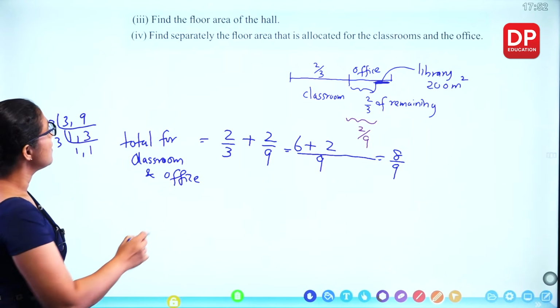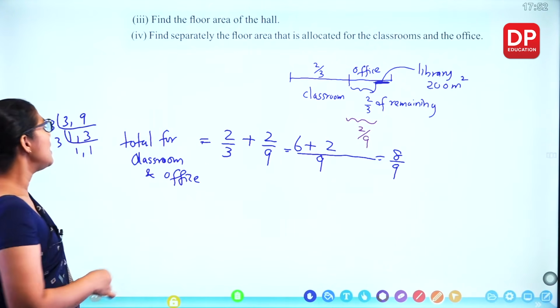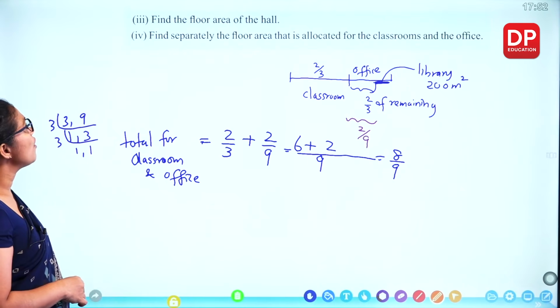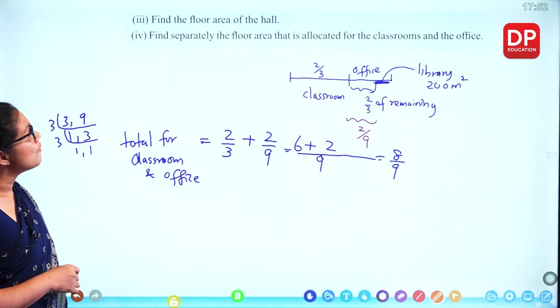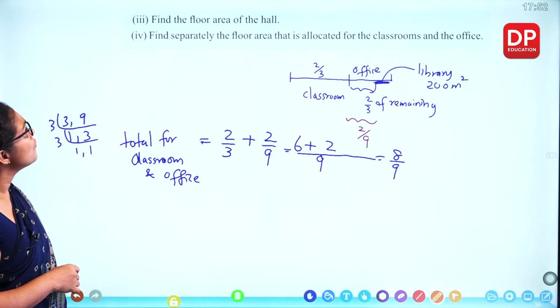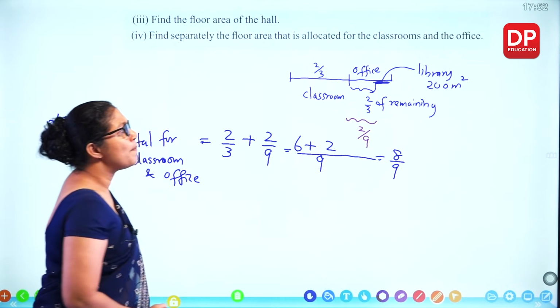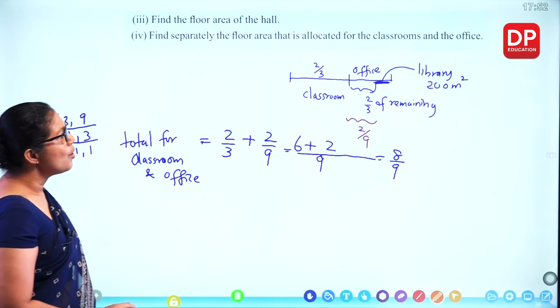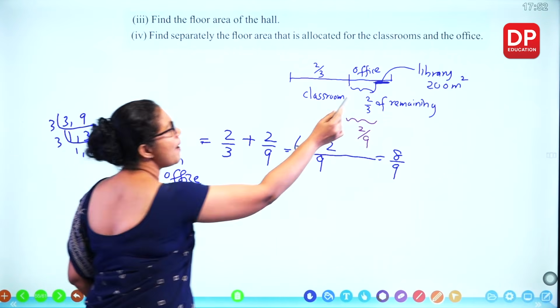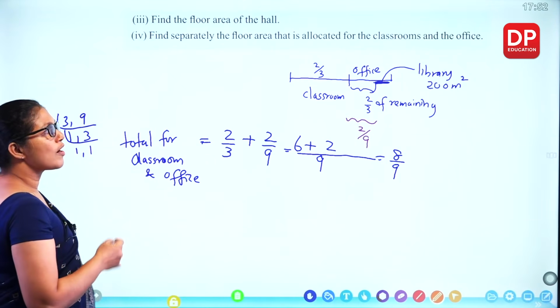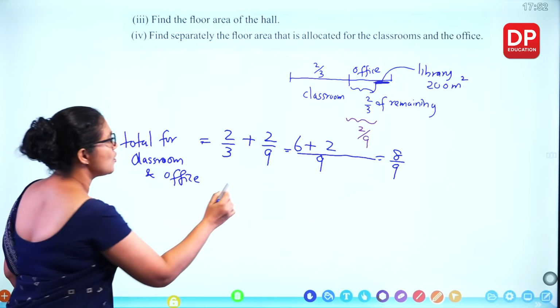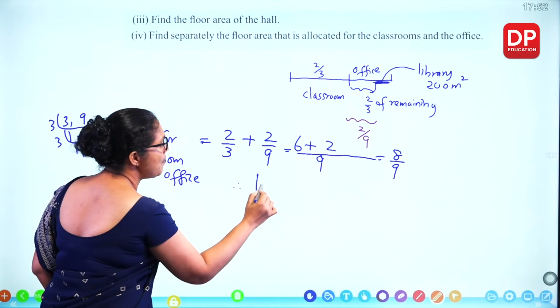So this is the total parts for classroom and office. Now they're asking find the floor area. So the floor area of the hall, that means the full part. Now we know that the remaining part is for the library. So 8 out of 9 parts for classroom and office. So what's the fraction for the library?